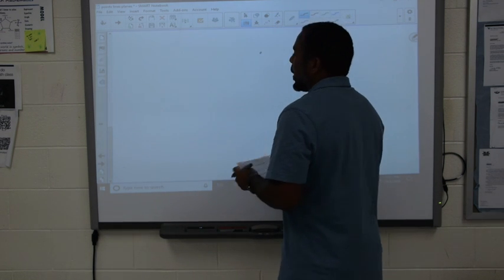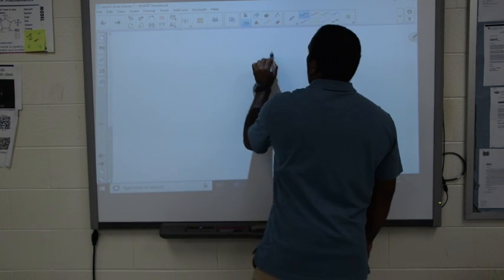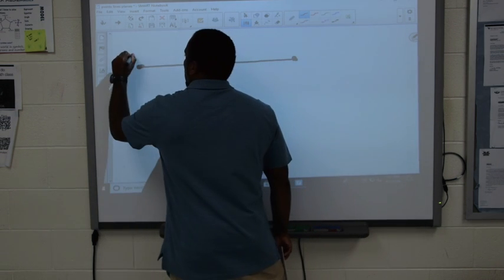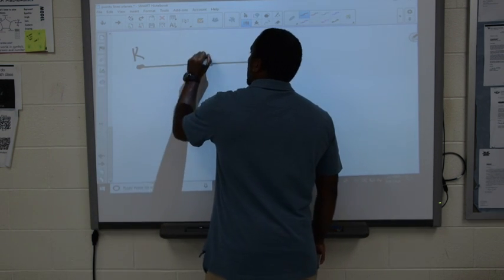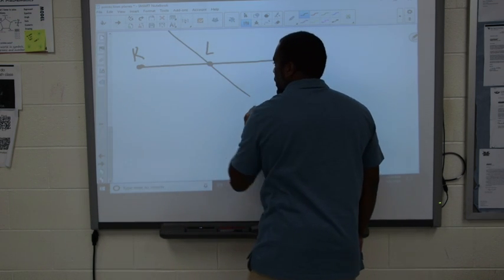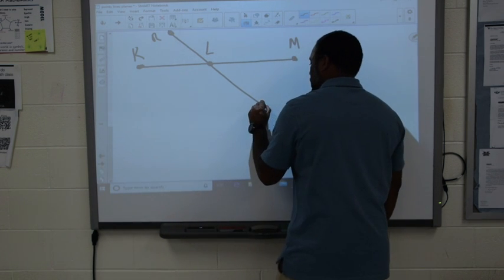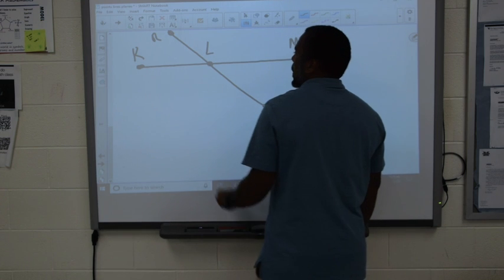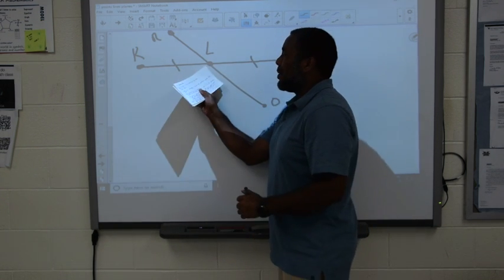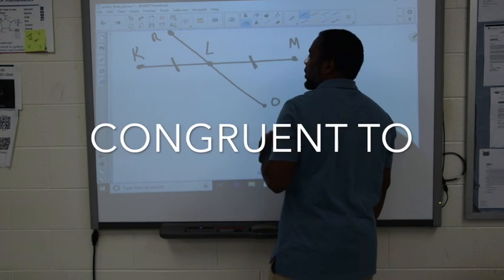So let's take a look what a bisector might look like. So if I have a line, K, L, M, and we had line R, O. K to L, this piece right here, K to L, is equal to LM.